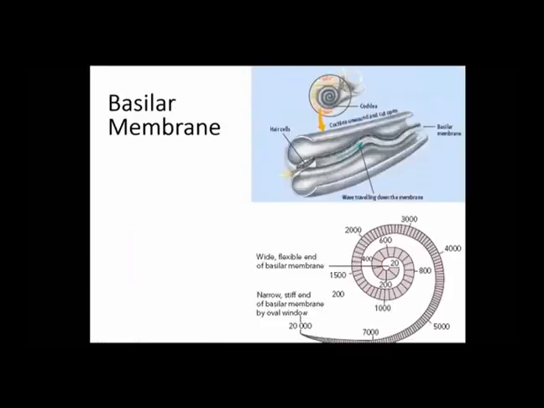Now we want to look at what's called our basilar membrane within the cochlea. The basilar membrane is going to be a pretty stiff membrane. And it's running here down the middle of our cochlea, so it's separating two fluid-filled canals within the cochlea. And so in this case, we're having vibrations in the fluid and in the membrane itself.